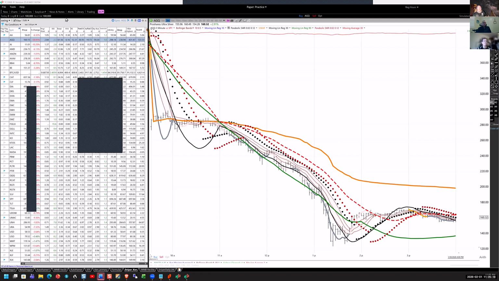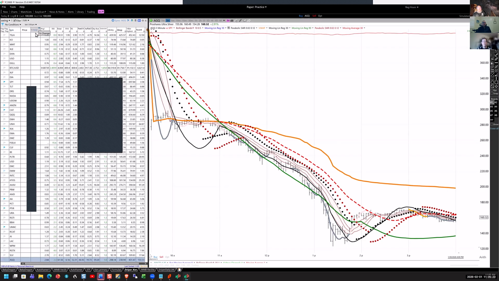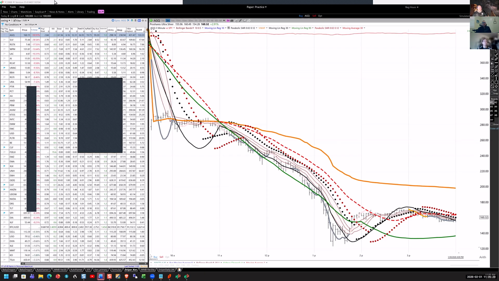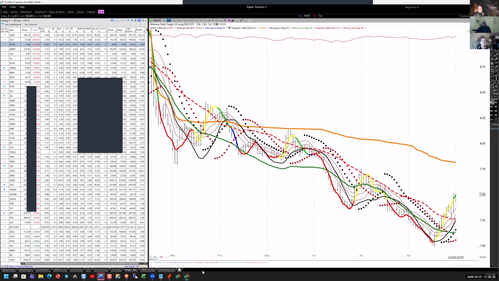But the idea is, right from the gap opening on my screen of tradables, I'm just looking for the things that were sucking the most. Like Rigetti was horrible all day. Rigetti's one that's even easier to see.